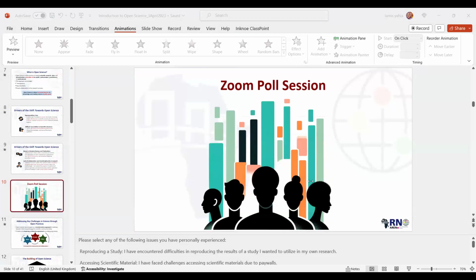So as you can see, almost the majority has faced an issue with accessing scientific material. And yes, indeed, we all have, especially in Africa. Then we have almost 50% who had an issue with reproducing a study. And we also have 71% who had issues finding collaborators.